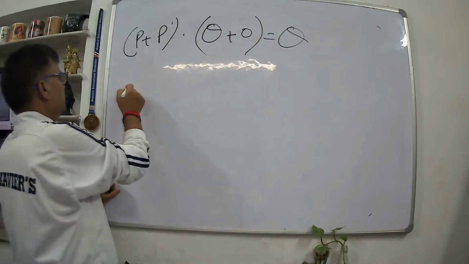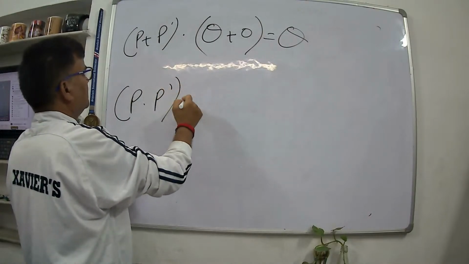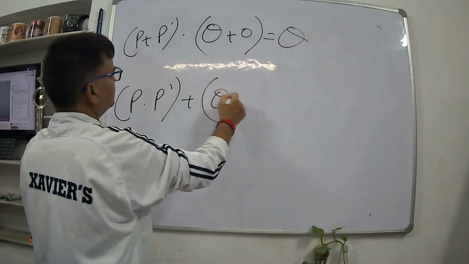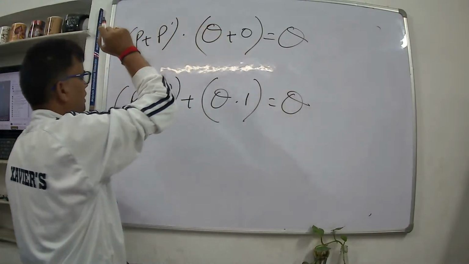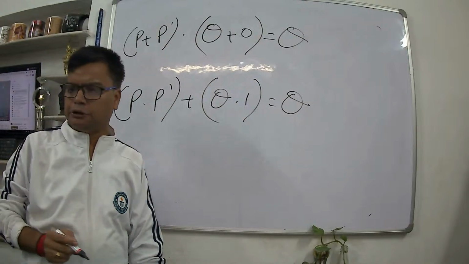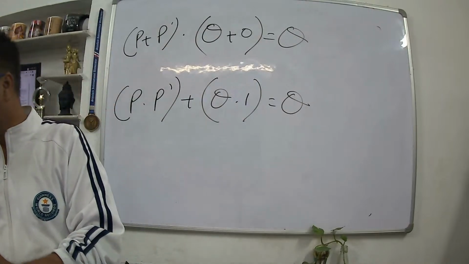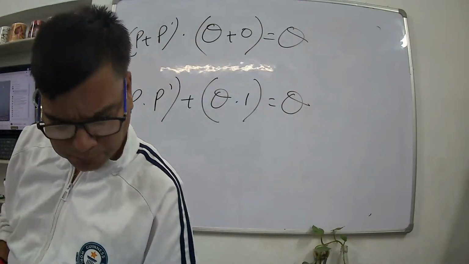So what will be? P dot P bar plus Q dot 1 is equal to Q. And changes to or, or changes to and, 0 changes to 1, and 1 changes to 0. So this is clear, I hope.